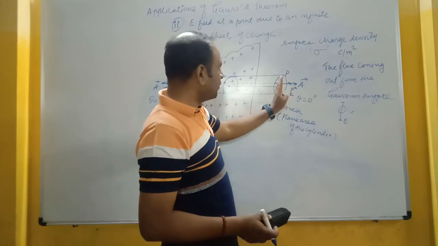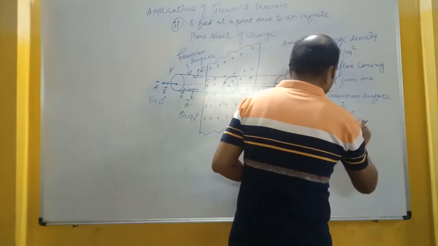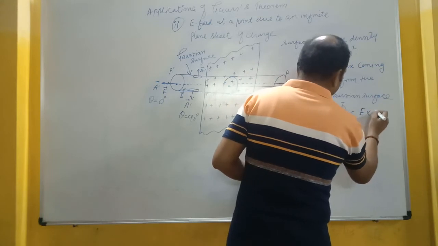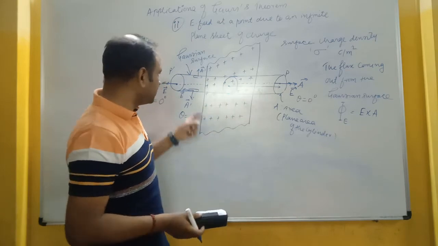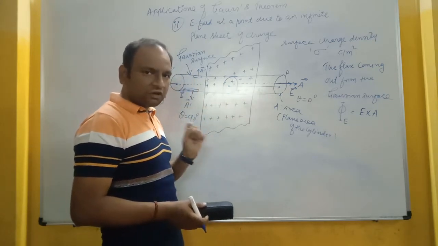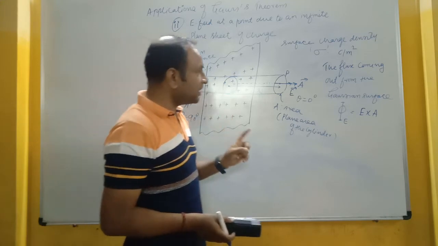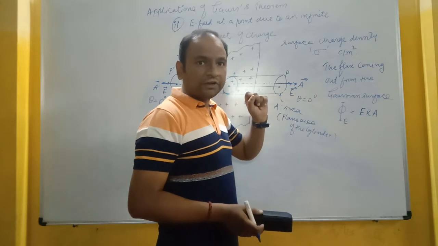For this, cos 0 is 1, therefore this would be equal to simply E multiplied by A. There is no cos factor. Why? Because cos 0 is 1. There is no flux coming out from the curved surface because theta is 90 degrees. So cos 90 is 0. So the total flux coming out here is phi E is equal to E into A.